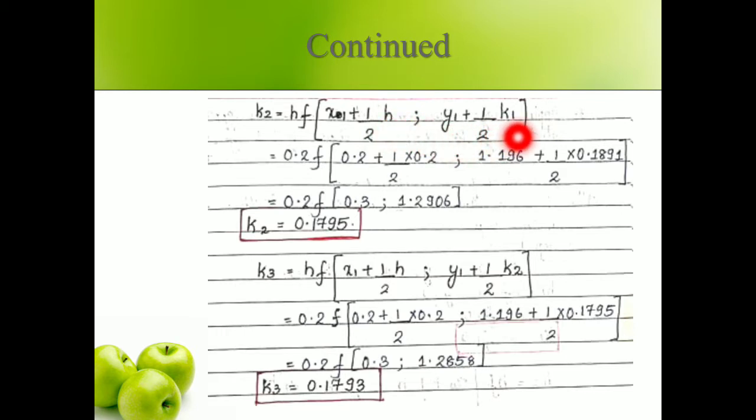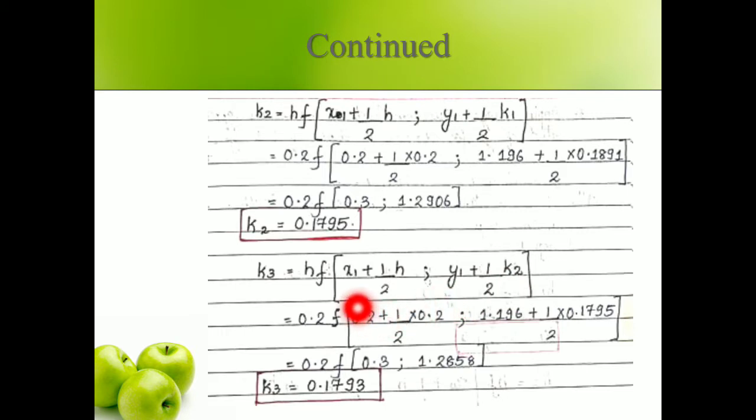So substituting the values of x1, h, y1 and k1, we get f of 0.3 and 1.2906. Substitute 0.3 and 1.2906 in dy by dx, then multiply by 0.2, we get k2 value to be 0.1795. k3 is equal to h of f of x1 plus 1 divided by 2 of h, y1 plus 1 divided by 2 of k2.